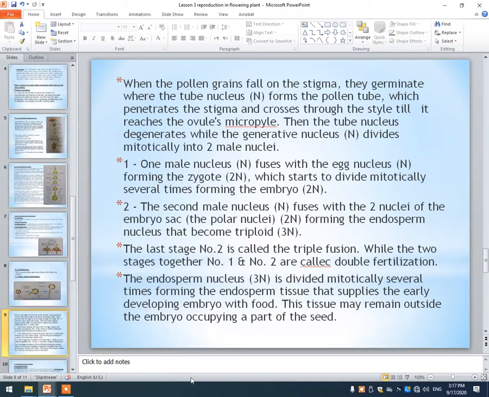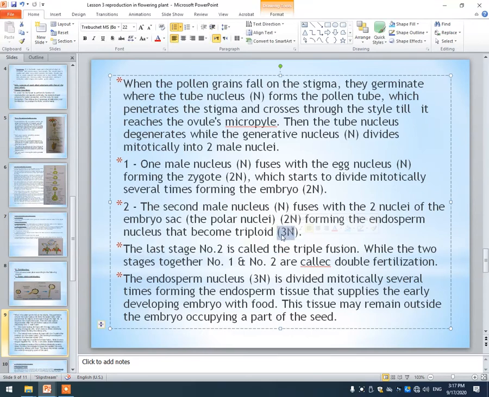The second male gamete (n) fuses with the two polar nuclei of the embryo sac to form the endosperm nucleus, 3n chromosomes.